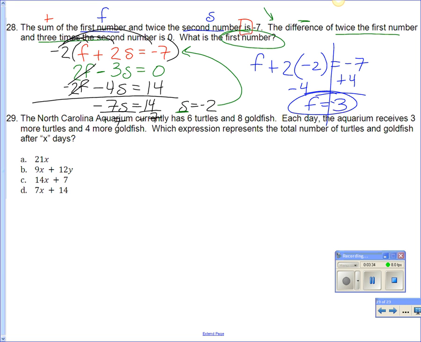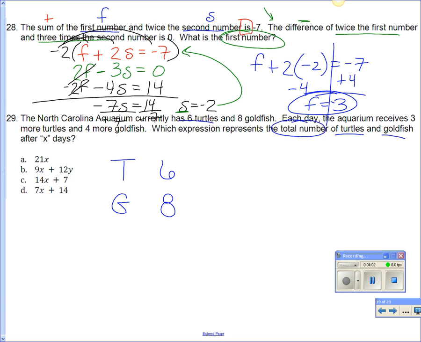All right, number 29. The North Carolina Aquarium currently has 6 turtles and 8 goldfish. Each day, the aquarium receives 3 more turtles and 4 more goldfish. Which expression represents the total number of turtles and goldfish after x days? So I'm looking for the total number of turtles and goldfish. I start with 6 turtles and 8 goldfish.